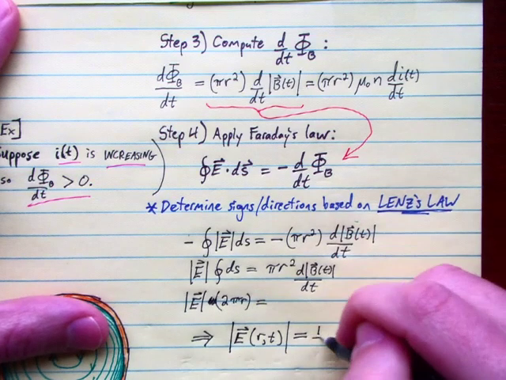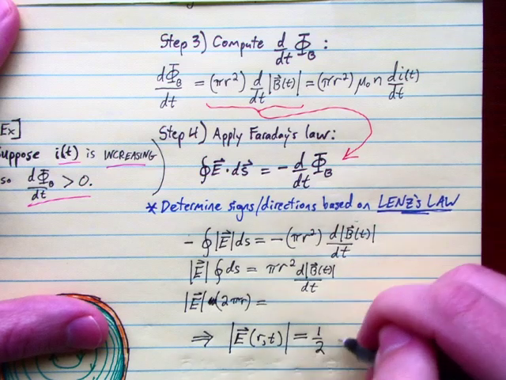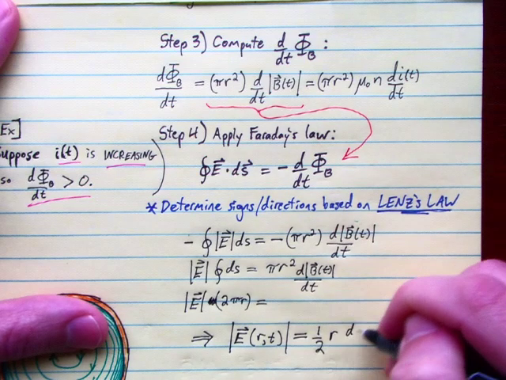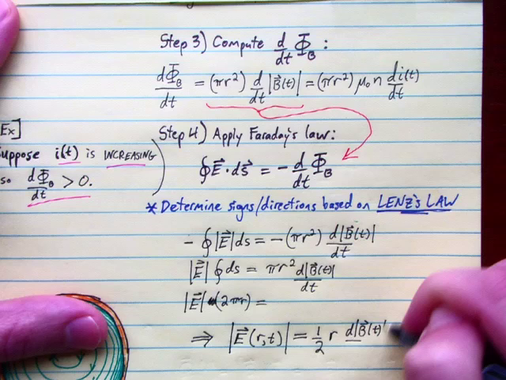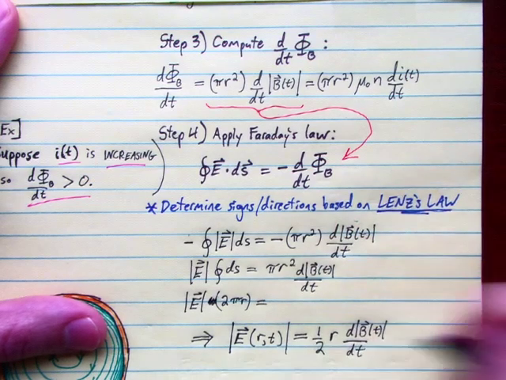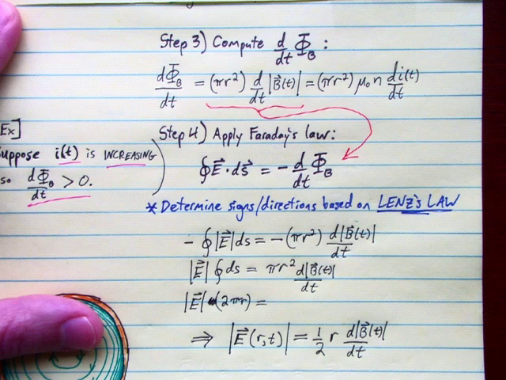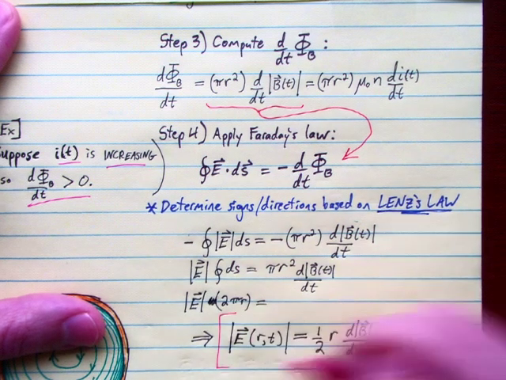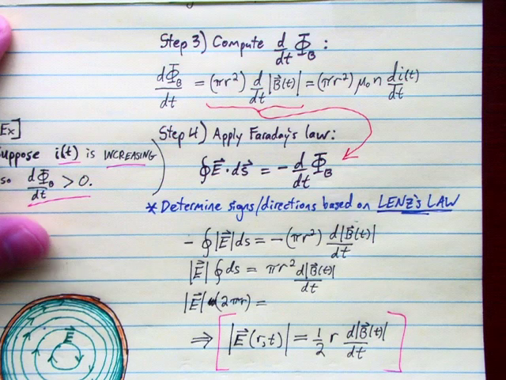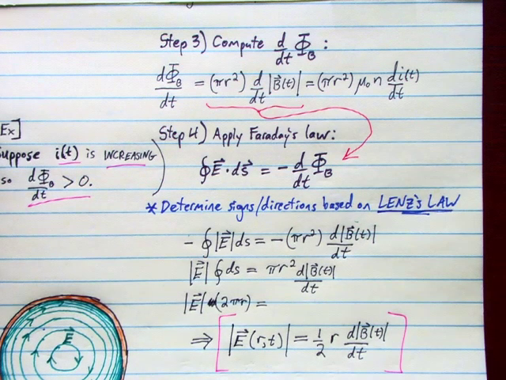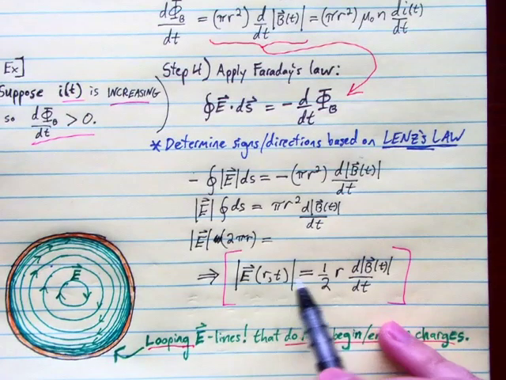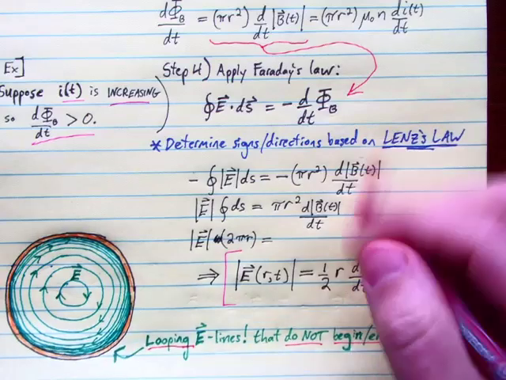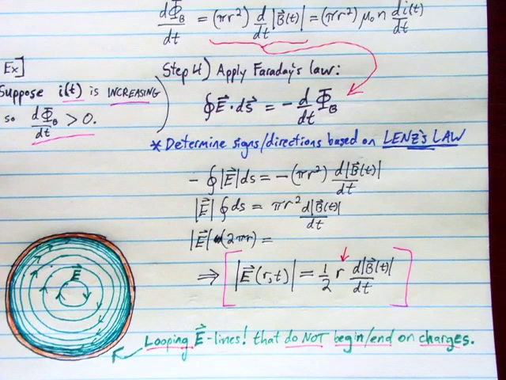So we'll have 1/2, the pi's will cancel, r times the time derivative of the magnetic field strength inside that region. And what we've discovered here is that we're going to get an E field strength that is directly proportional to the distance from the center of that solenoid.